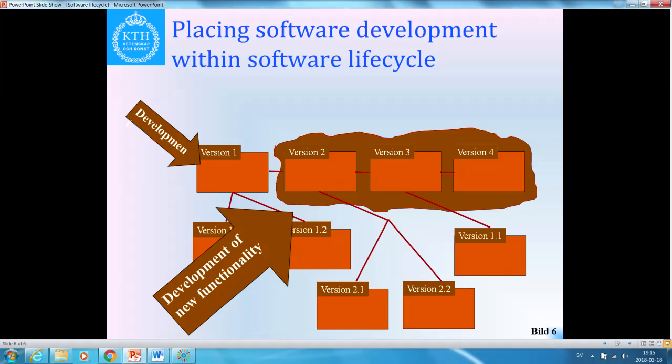So you have to really think of it, that there is again a confusion of what is meant by development, what is meant by maintenance, and so on. But anyway, this picture, I hope, gives you some kind of an idea that evolution maintenance is a very, very costly phase.